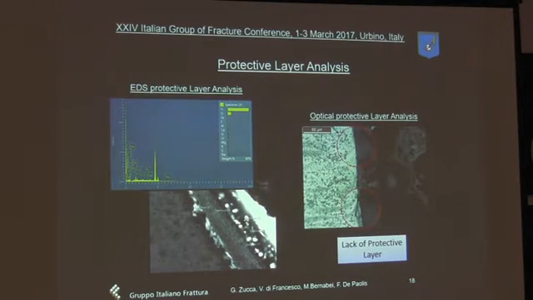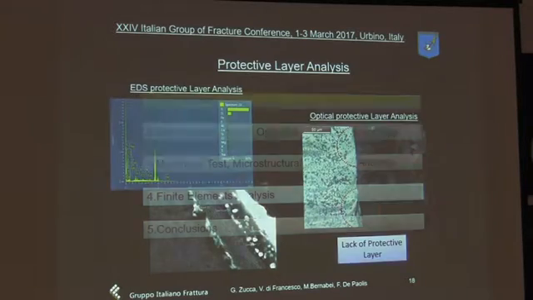So what we have to analyze is the protective layer. And analyzing the protective layer, we found the correct composition. This is a titanium dioxide, but making some metallographic sections near the fracture initiation we found some detachment of the protective layer. And in this case, there is also a complete lack of protective layer.